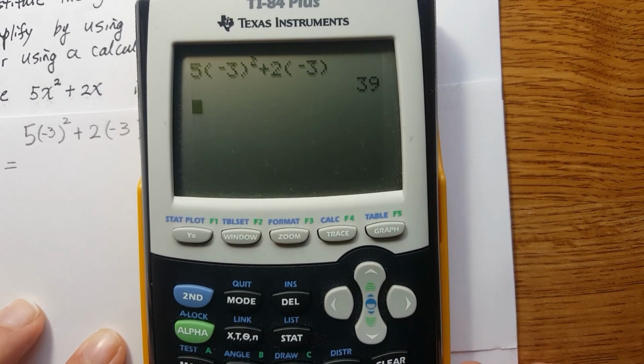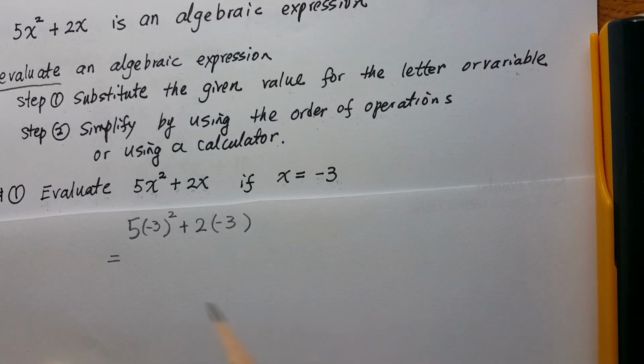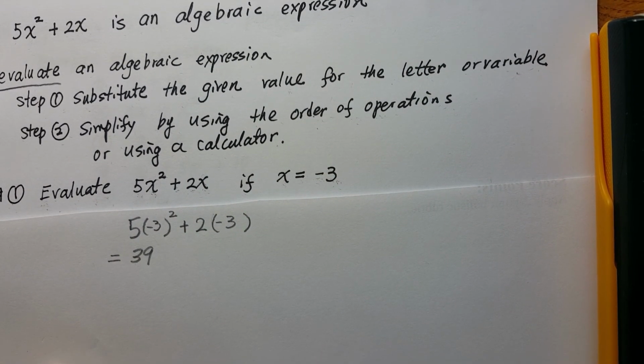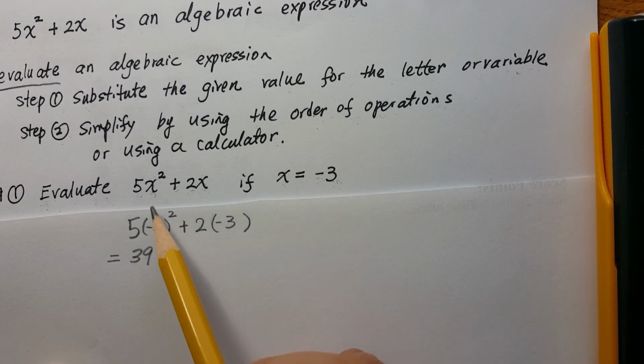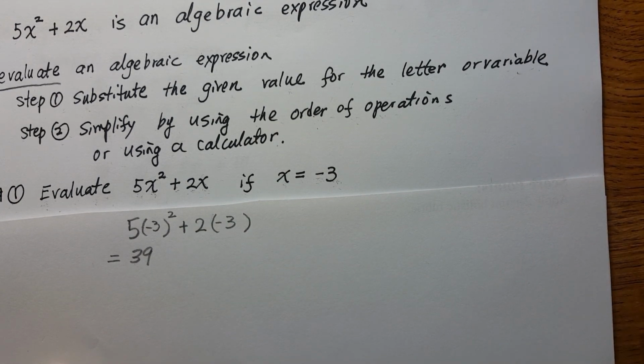Your calculator gives you the answer, 39. So now we are going to say the answer is 39. This is what I mean by evaluating an algebraic expression. You substitute a number into the variable and calculate. I just showed you how to calculate with a calculator.